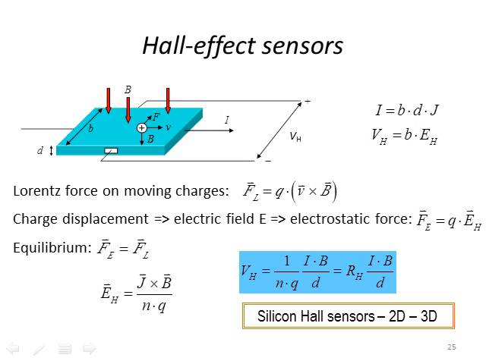So essentially we apply a force to the carriers and push them to one side of the material, which generates this Hall voltage.